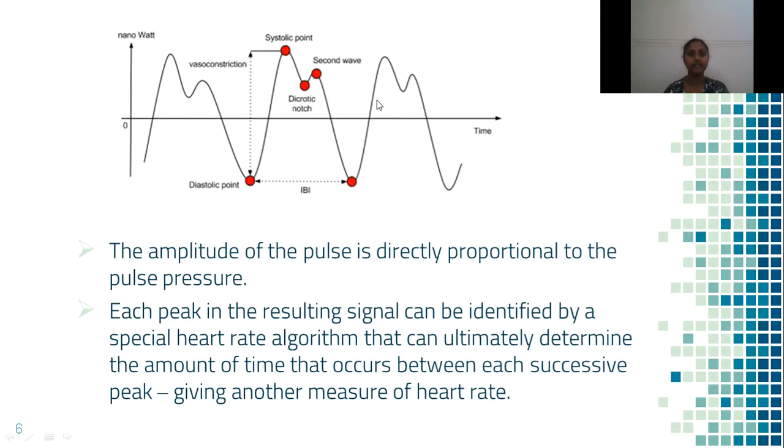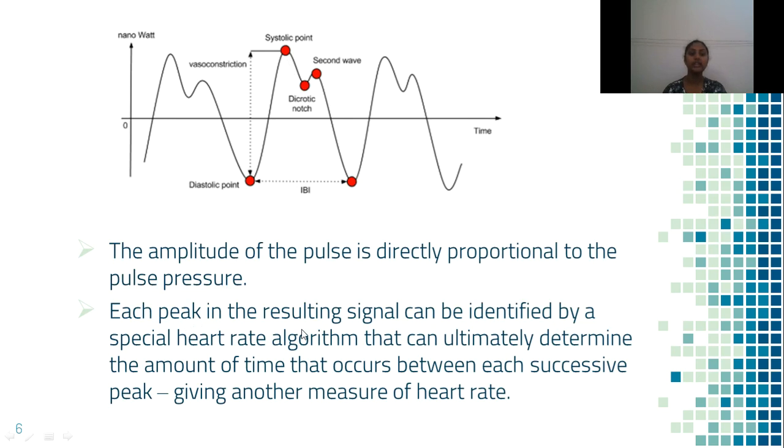In this graph, this is the systolic point where the blood flows through the arteries, and the diastolic point where the blood from the veins is going to the ventricles. The peak has more amplitude, which means more pressure. Thus for better results, we use these points to calculate the heartbeat from our PPG signal.